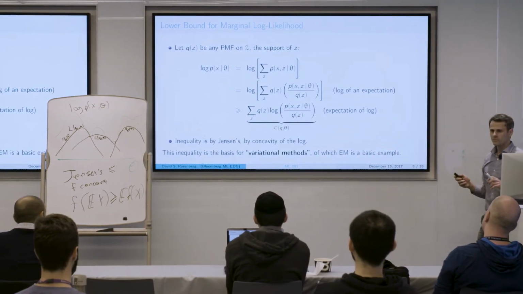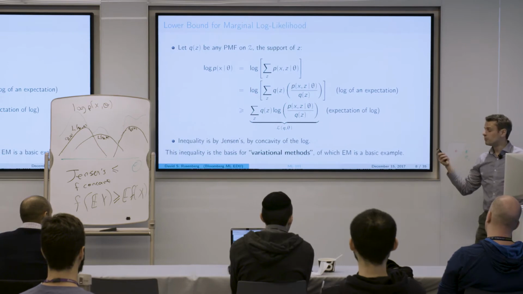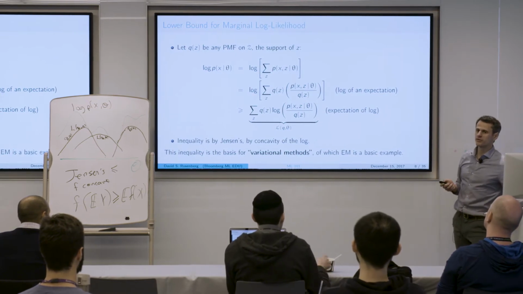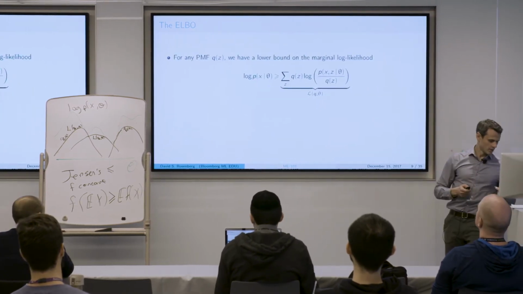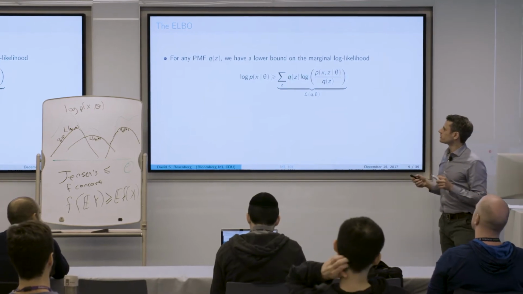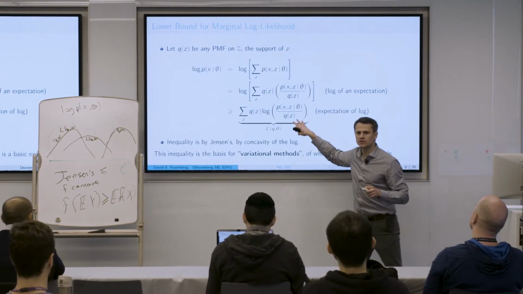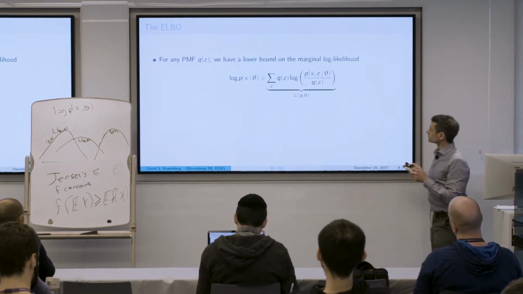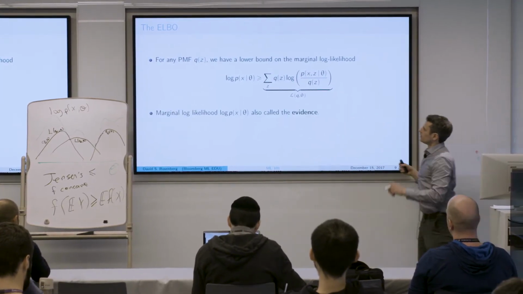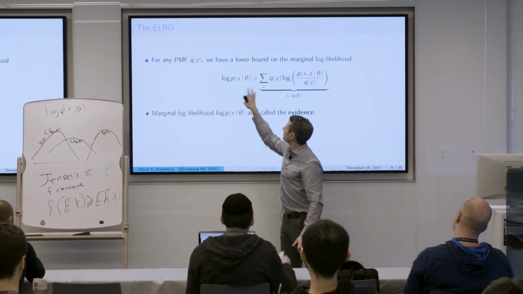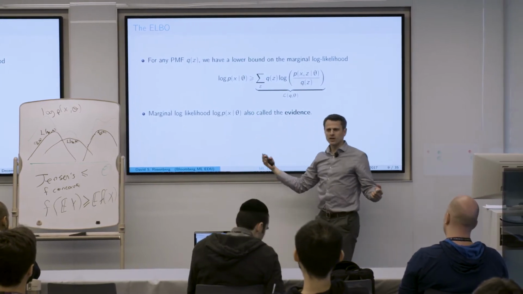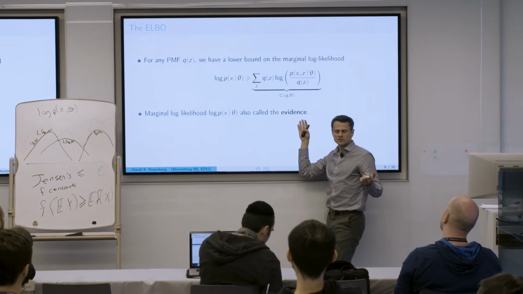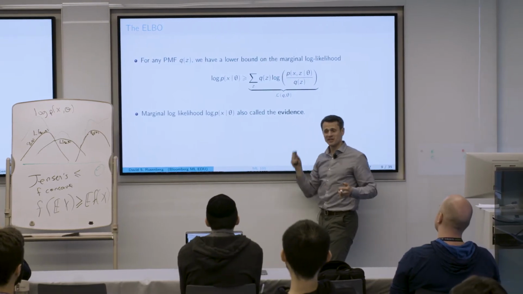So the EM algorithm is maybe the most basic example of a variational method. There's a little bit more terminology. I'm just taking this expression and rewriting the inequality in one line. The thing on the left is the marginal log likelihood of the data. In some circles it's also called the evidence.